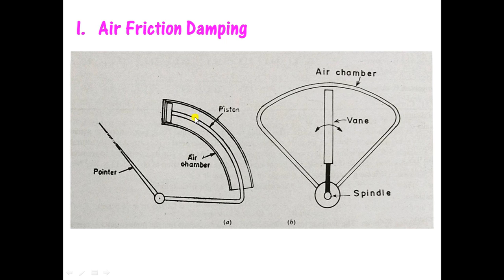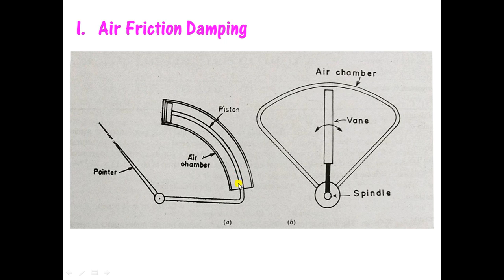As the piston is stopped there, the movement of the pointer is also stopped. So that is how air friction works. This is air friction damping. Also, in the other case, if the pointer is deflected in the other direction, and the piston is coming away from this end and going towards this end, then the air present in the air chamber will get compressed.